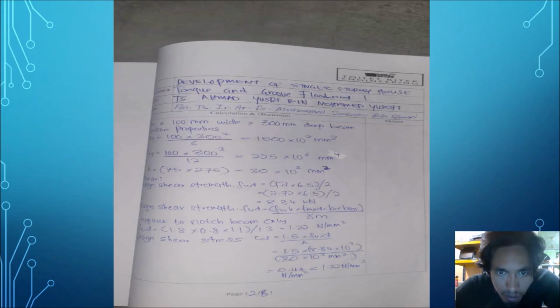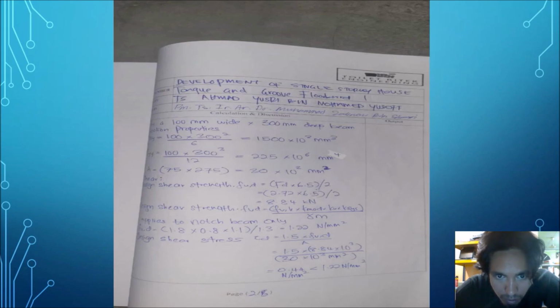Untuk Iyy kita dapat 1500 kali 10. Untuk Izz kita dapat 225 kali 10. Untuk area kita dapat 30 kali 10. Seterusnya kita design shear strength Fv,y,d, kita dapat nilai 8.84 kN.